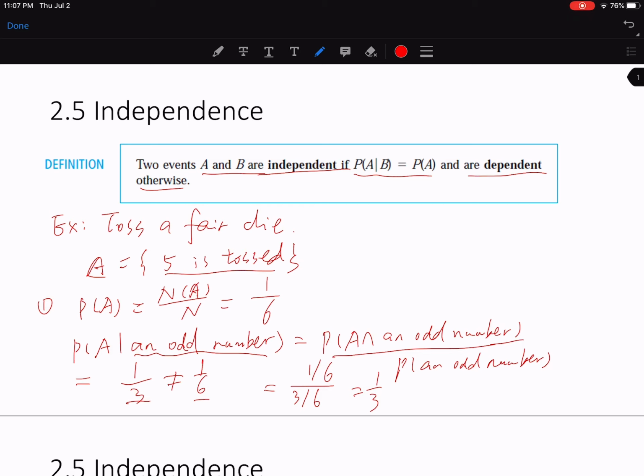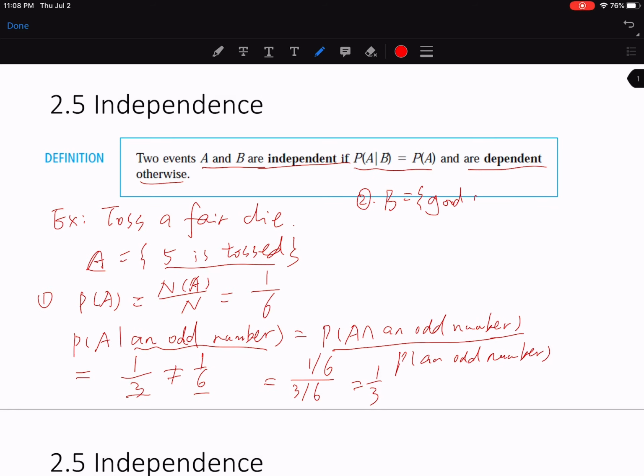Here I will say B is representing good weather outside. And then what is the probability of A given B over here?